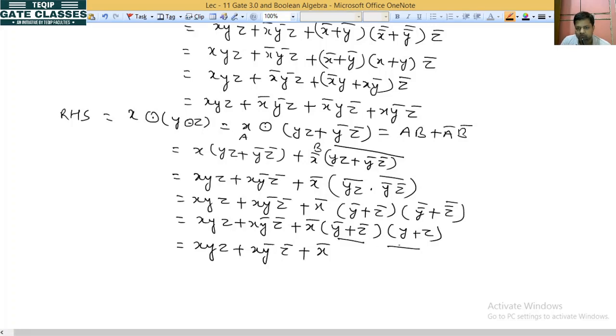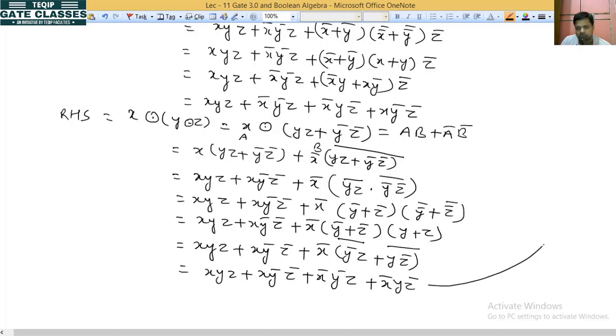So y bar into y, it will be 0. Y bar z, it will be y bar z plus yz bar. Okay na? Now you can write it as xyz plus xy bar z bar plus x bar y bar z plus x bar y z bar.